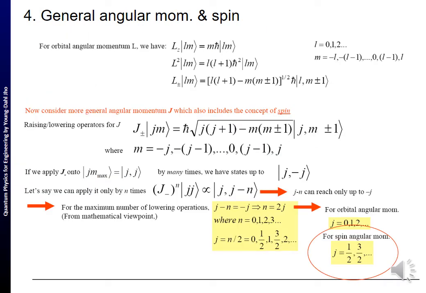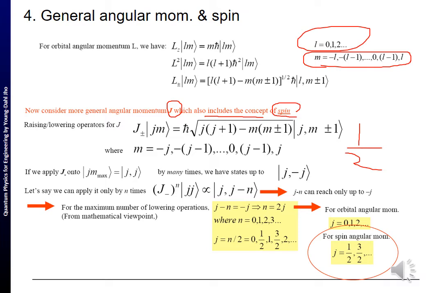Okay. So, general angular momentum and spin. Previously we considered angular momentum and its z-directional angular momentum, but now we can generalize those concepts. Now consider a more general angular momentum J, which also includes the concept of spin. Not only L equals 0, 1, 2, the integer number values, but there could also be half integer values.